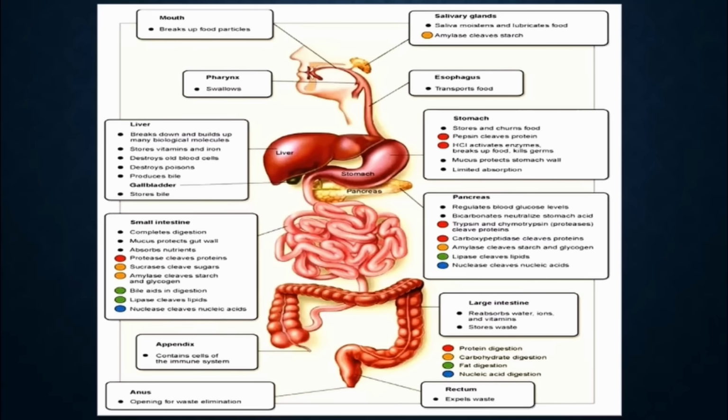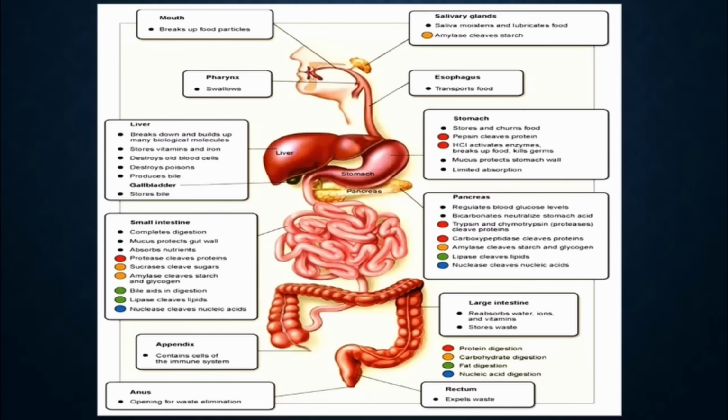It is a leaf-like structure present underneath the stomach, and it regulates blood glucose levels by secreting a hormone called insulin, which we can also learn about in the control and coordination lesson.